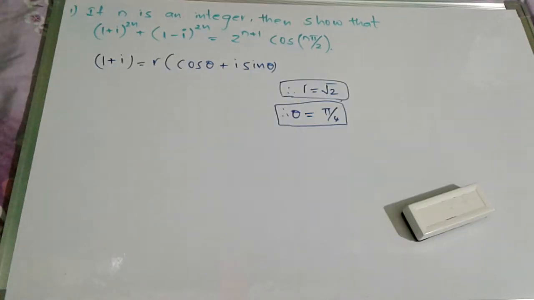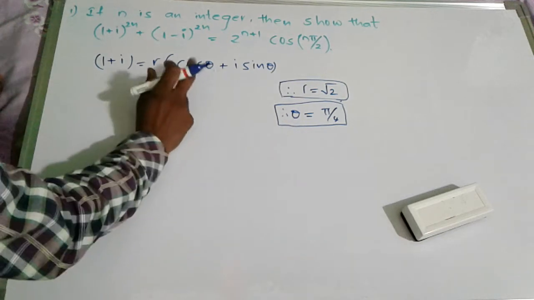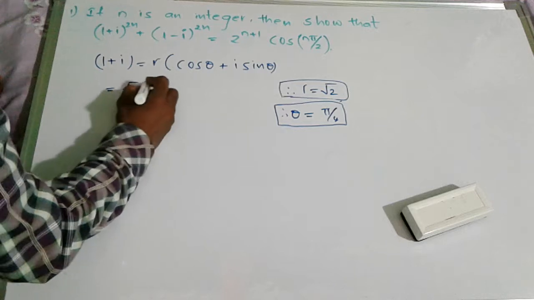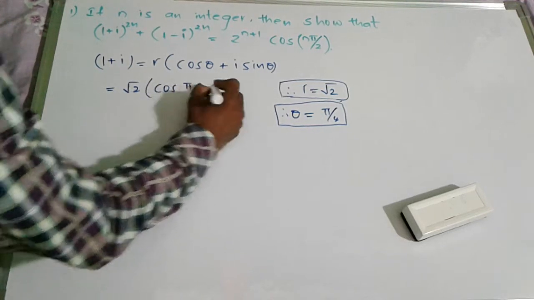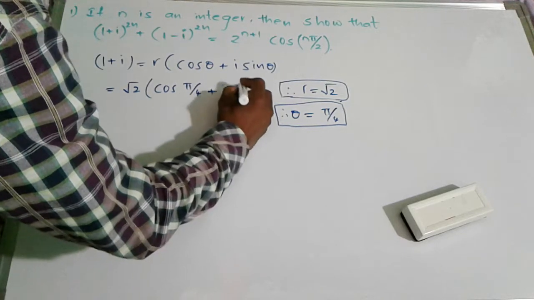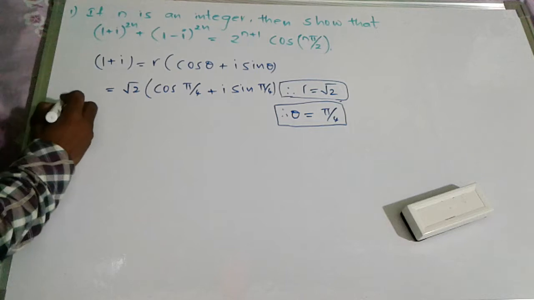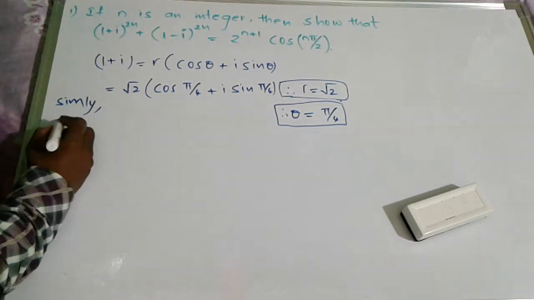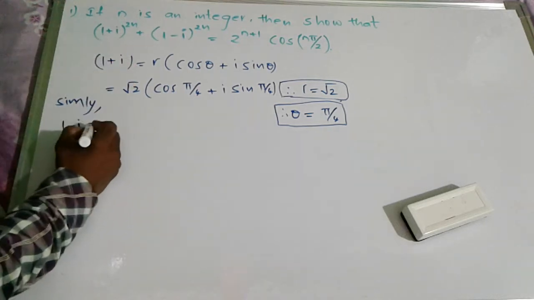Okay guys, I am substituting r equals root 2 and theta equals pi by 4 over here, so that we get root 2 times cos pi by 4 plus i sin pi by 4. Similarly, 1 minus i is the complex conjugate of this complex number.